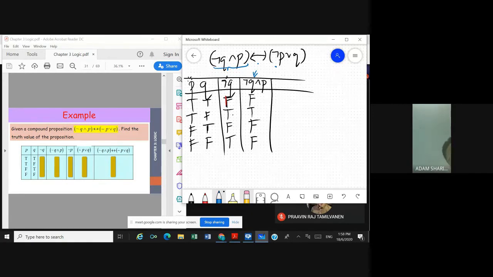Which one to do first? Again, not. Not is number one. So you do not P first. When you look at not P, you focus on the P. The negation of T is F. The negation of F is T. Done.